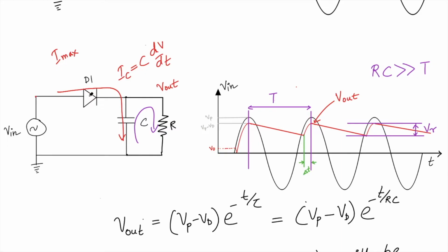So the current flowing through this diode should not cross it. It may be 200 or 300 milliampere, so it cannot cross beyond that, because the diode is going to get spoiled. So this defines the upper limit of this capacitor C. There is no lower limit, of course. We want as high as possible, but we have to make sure that this C should not be so high that the current required to charge this capacitor becomes too large and it spoils this diode.